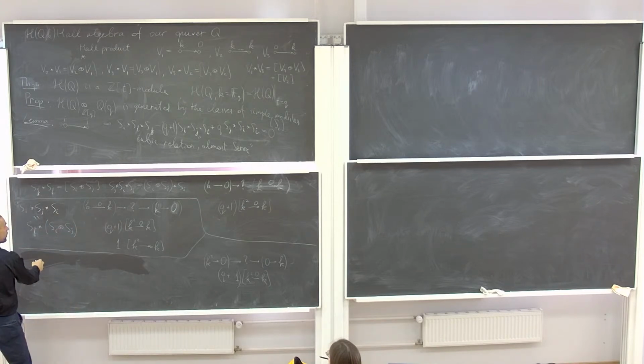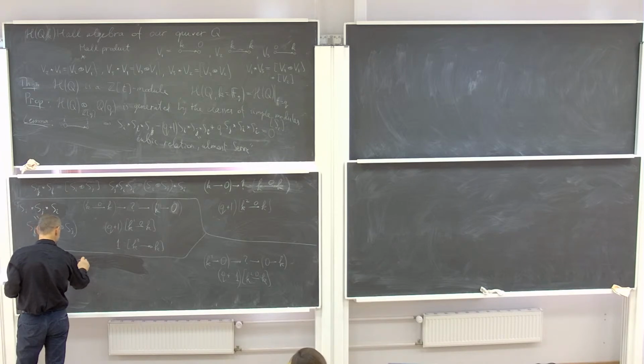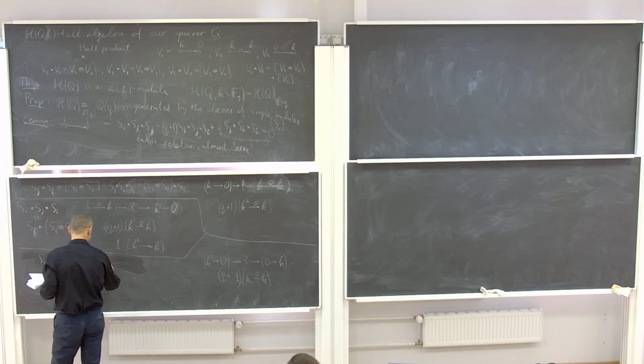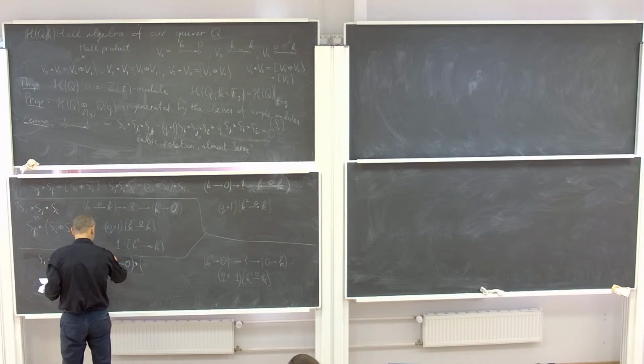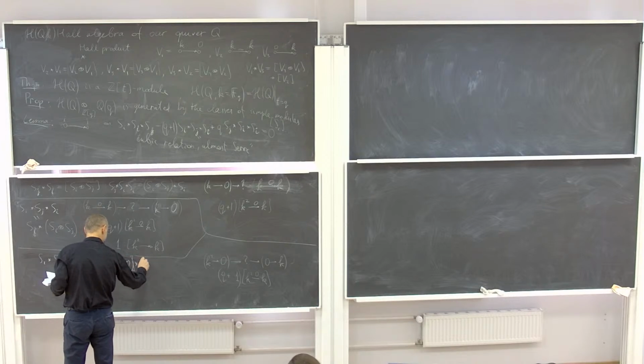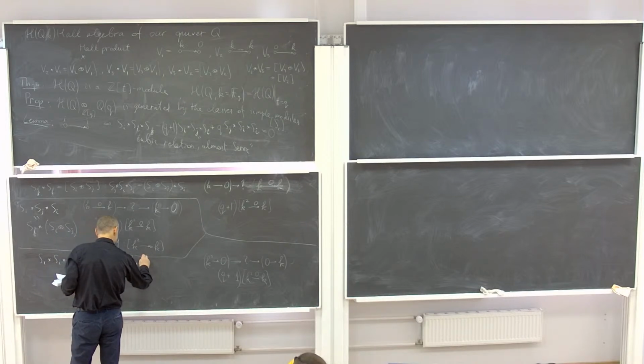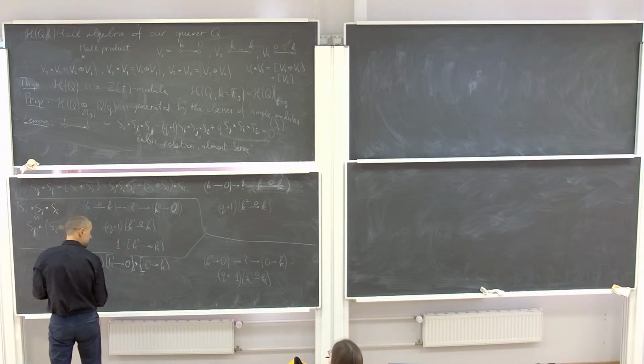So it remains to compute Si, Si, Sj. But we know Si times Si. So it's q plus 1 times k squared to 0, times this.